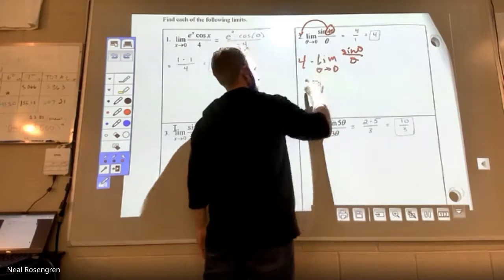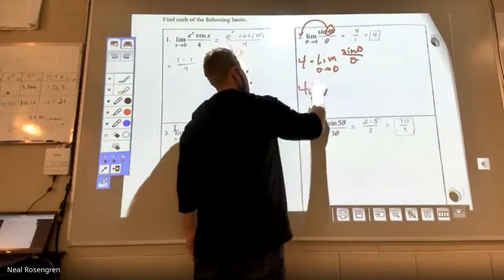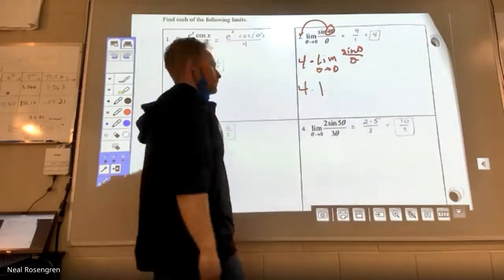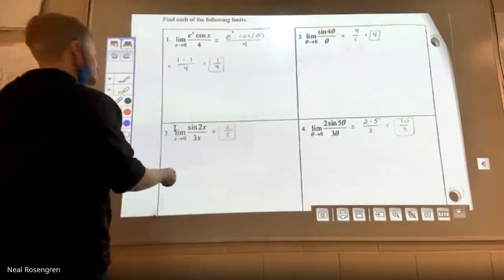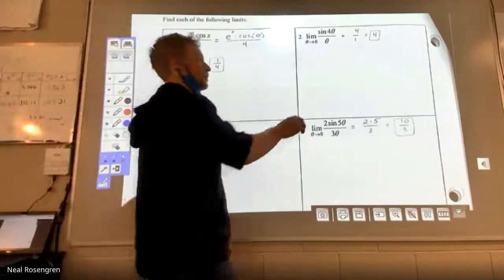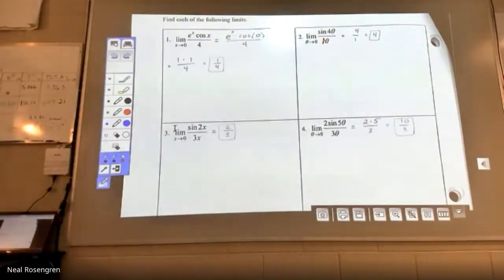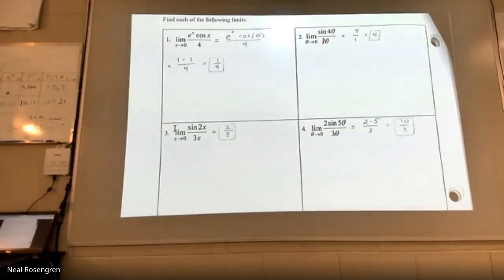So it's kind of like 4 times that limit. Yeah, that makes sense. What I've done is I said, you know what, I'm just going to make my life easier, and I'm just going to worry about the constants: the 4 in front of the theta on top, and the 1 in front of the theta. And that's okay. I don't mind you writing it like that. Like when you look down at 4, I just pull up the 2, pull up the 5, multiply them together, pull up the 3 on the bottom, do it again. Yeah, we can work quickly through the simpler ones.